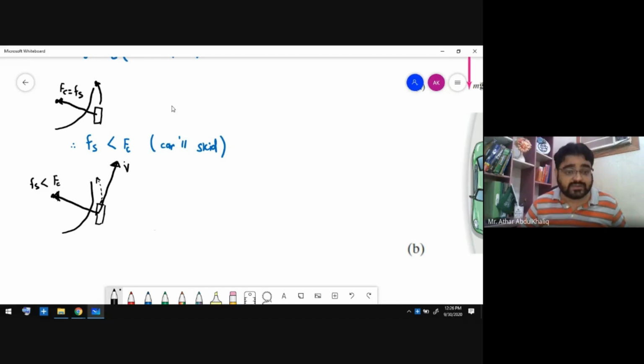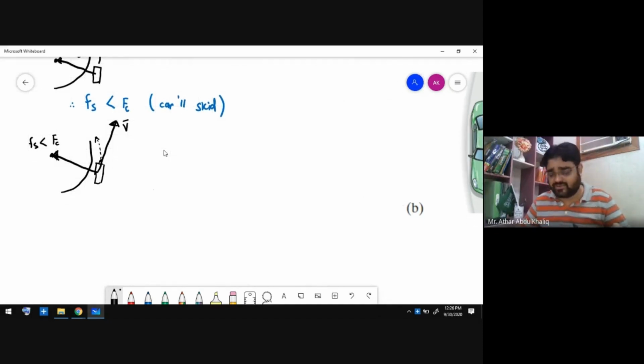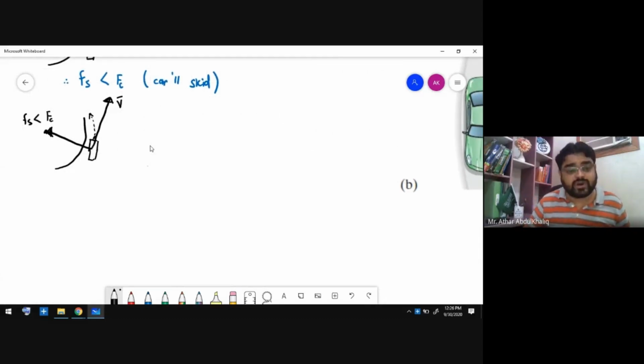Now, the problem arises: how can we calculate this static friction? I'm not talking about kinetic friction yet, just static friction. If you want to calculate static friction mathematically, the formula is Fs is equal to mu s Fn.